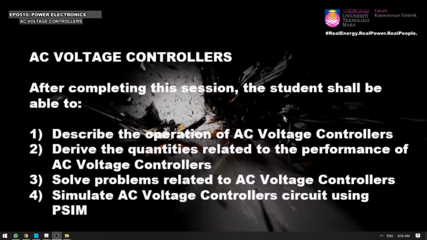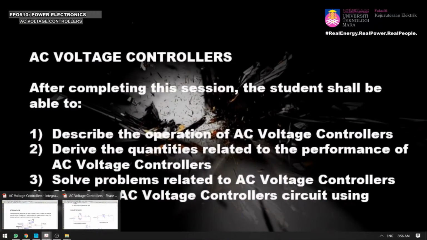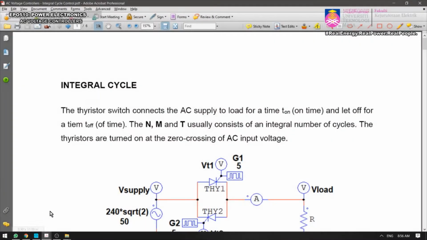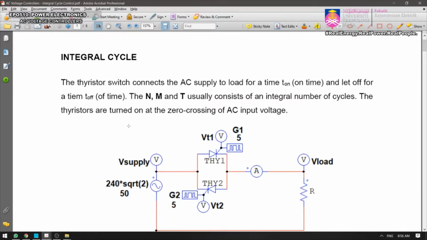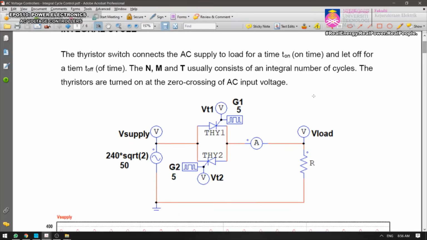Now let's have a look at the AC voltage controller with an integral cycle control technique. The key point here is that this is your supply, a normal supply of 240 volt, 50 hertz, so this is the frequency of the input.